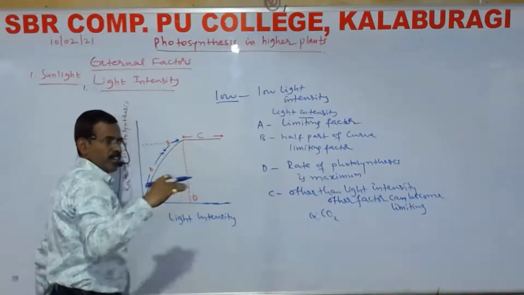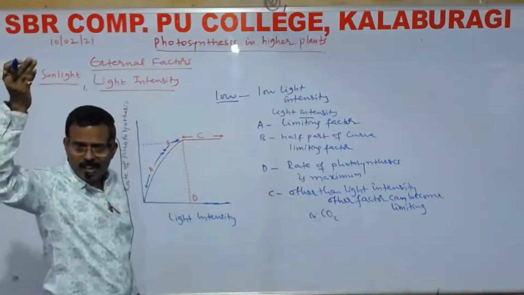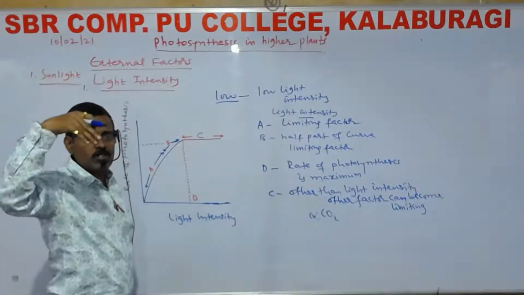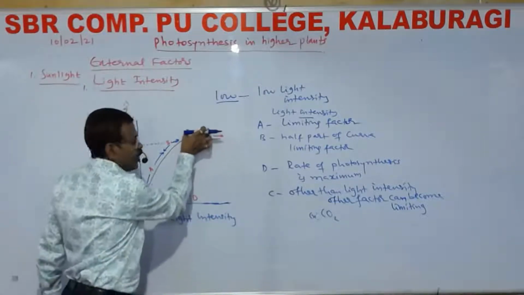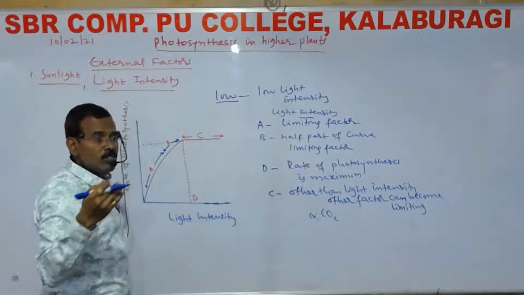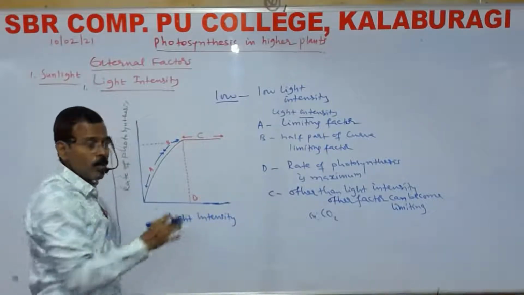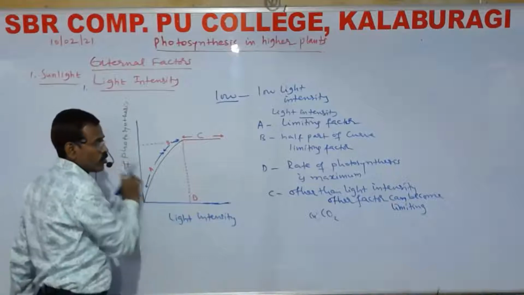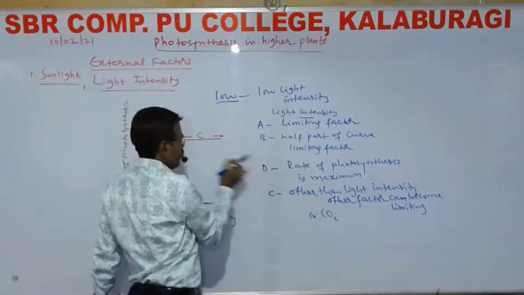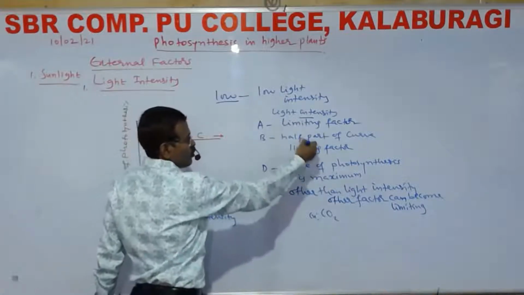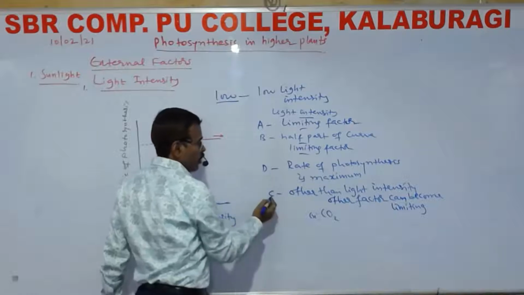It has reached saturation. Beyond that, even if you increase that parameter like light intensity, the process will not increase, it will decrease, because at this point other external factors can become limiting for the rate of photosynthesis. So these letters, regions, represent different parameters that you must remember.